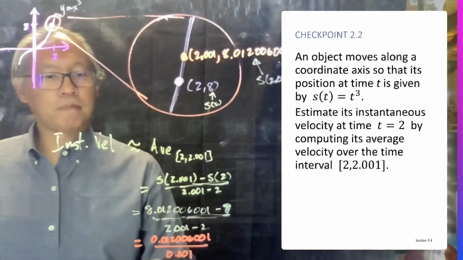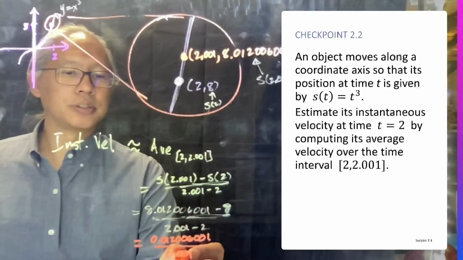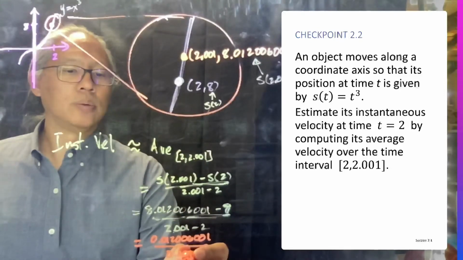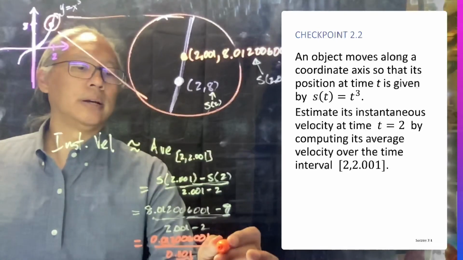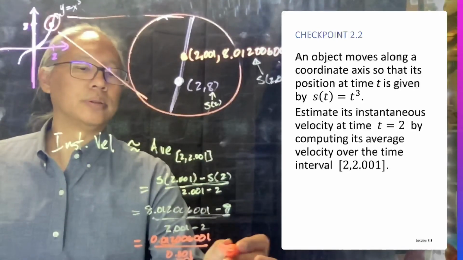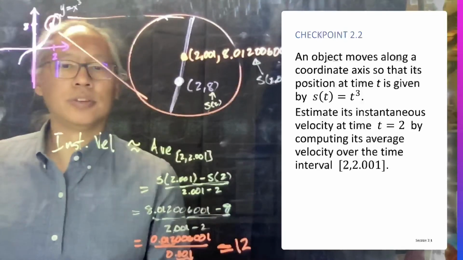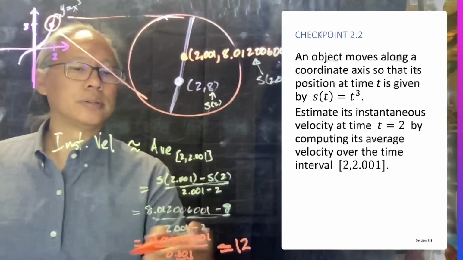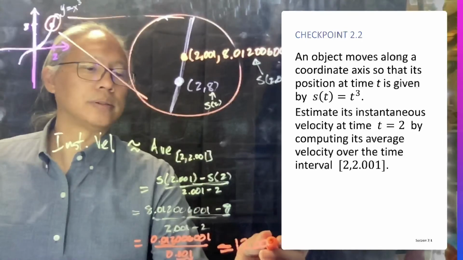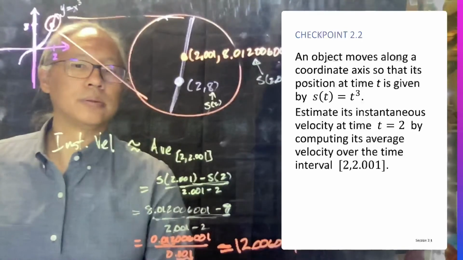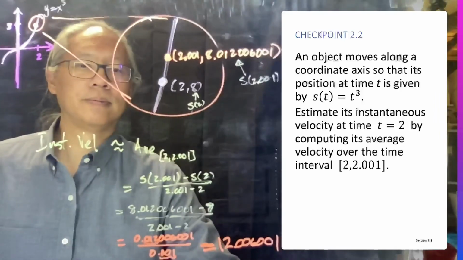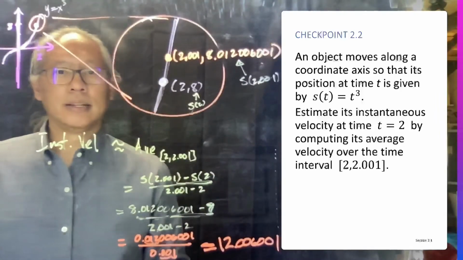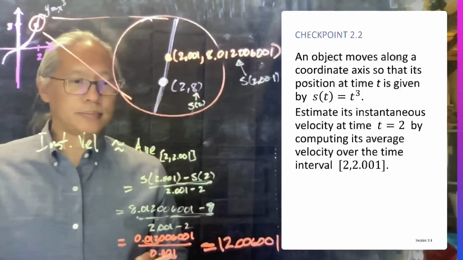All right, and to simplify this, we just move the decimal place 1, 2, 3 times to the right, and we get this to be equal to 12.006001. Again, there's a 1 there at the end, and that would be our answer.